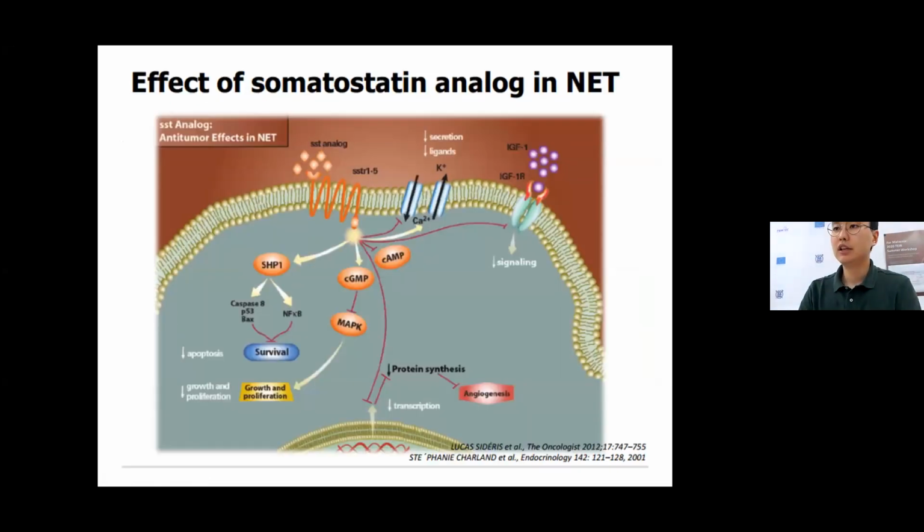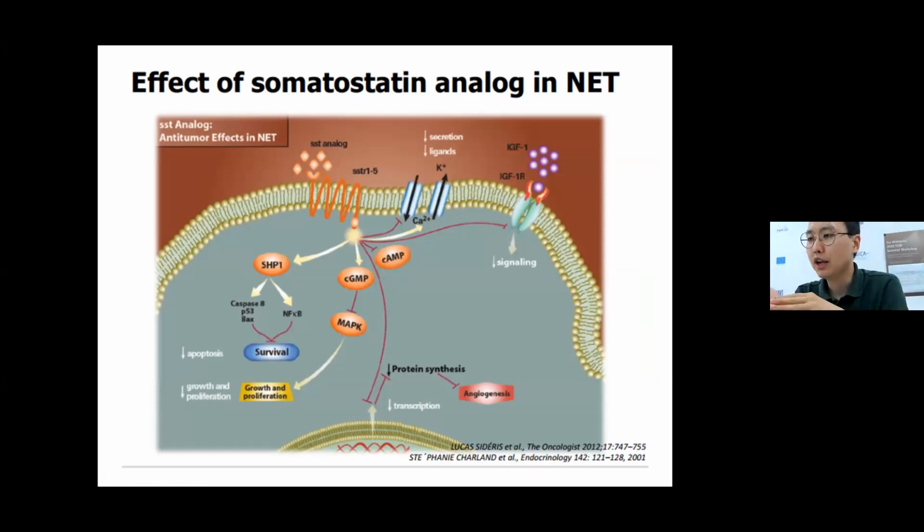To further see the mechanism of these therapeutic agents for neuroendocrine tumor, we can first look at the somatostatin analog, which is used as a first-line drug. It binds to the somatostatin receptors, and after internalization, it regulates apoptosis, growth and proliferation of the tumor cell.